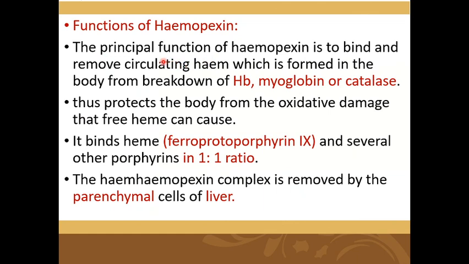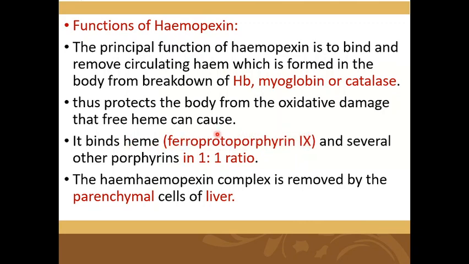Function of hemopexin. The principal function of hemopexin is to bind and remove circulating heme, which is formed in the body from the breakdown of hemoglobin, myoglobin or catalase. Thus it protects the body from the oxidative damage that free heme can cause. अभी हम देखेंगे. It binds heme. What is heme?